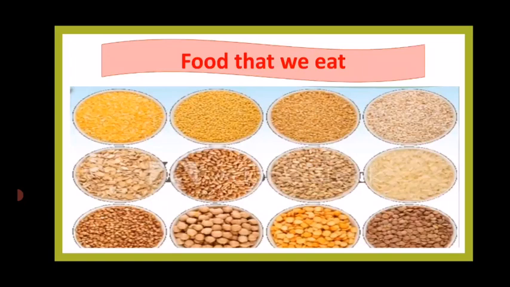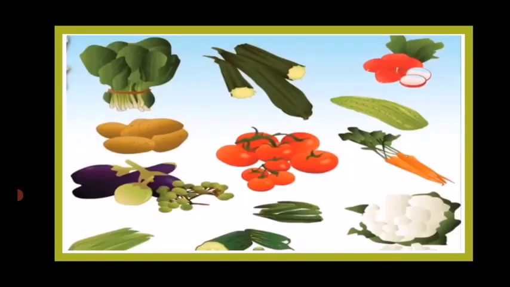But remember children, all these things here on the screen, they have to be cooked before eating. We cannot eat them raw. If you try to eat them raw, what will happen? You will get indigestion. Okay, you will not be able to digest this food and you will get a bad stomach ache. So there are certain foods that need to be cooked before we eat them, whereas there are certain other kinds of food which you can try to eat raw also.